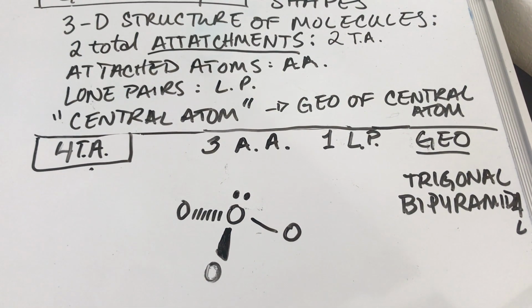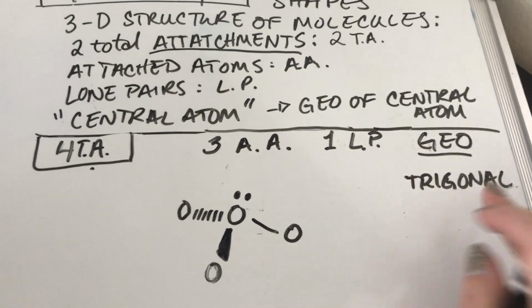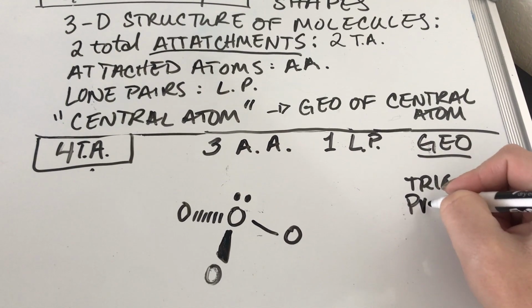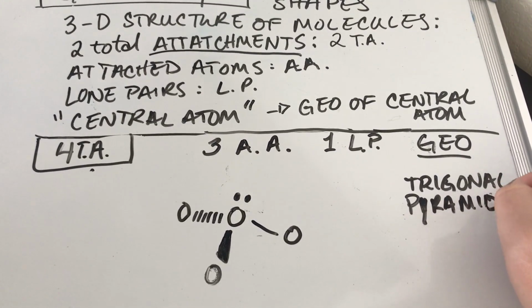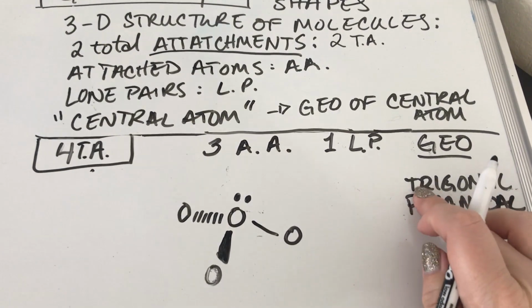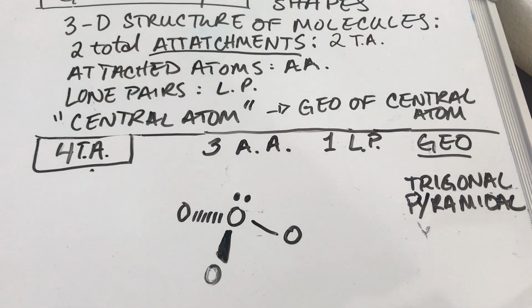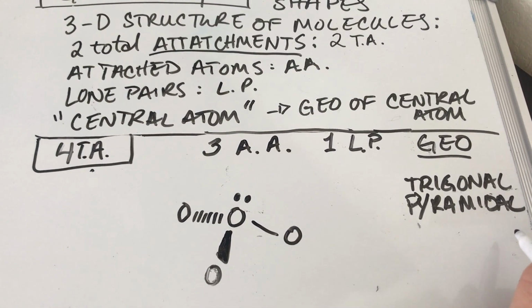So, trigonal, I'm sorry, not bipyramidal, pyramidal. I'm sorry, you guys. This is my pregnancy brain. Pyramidal. Sorry, guys. This is the only way that it makes sense to me phonetically.